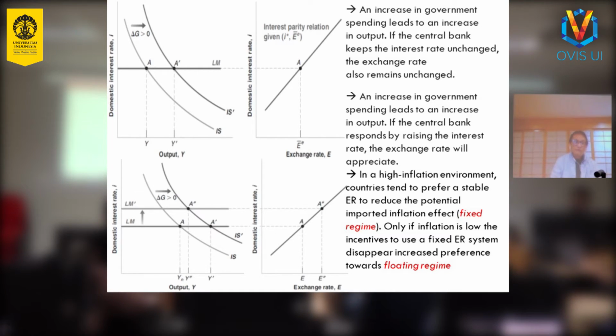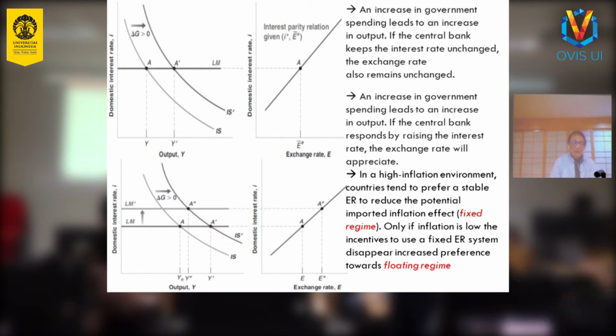Okay? So that is the case of the fixed exchange rate. Now, on the chart below, that is the story of monetary policy. Because what is shifting now is the LM curve, not the IS curve. So the original equilibrium is point A, and now the new equilibrium is point A prime. Okay?